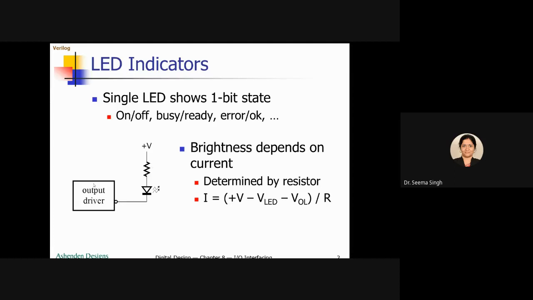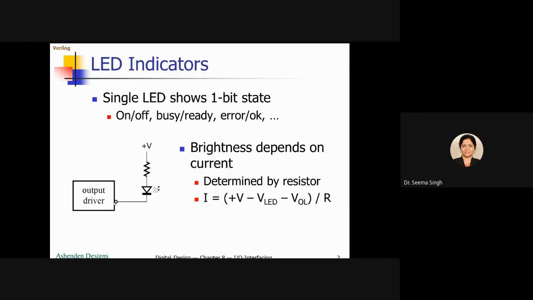So the current flows from top to bottom, and when current is flowing, the LED will glow. If the same thing needs to be used for active high logic, the resistor side will be grounded, so current will flow in the other direction, and the diode connection will be flipped, because current flowing from positive to negative only makes the LED glow.